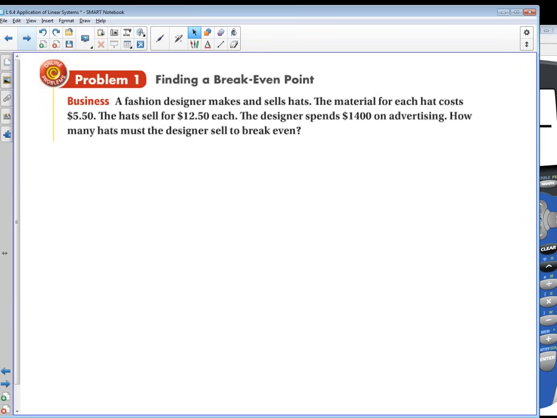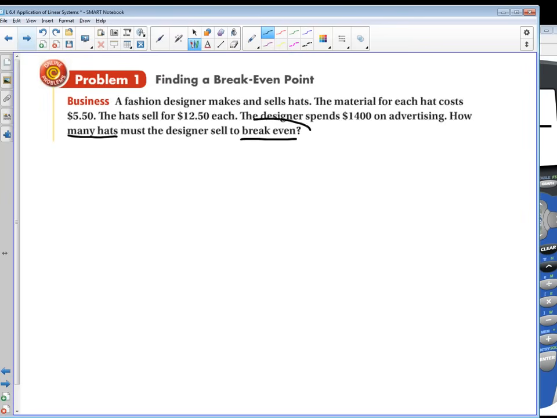So, first problem that you should write down is problem 1, and here's what it says. A fashion designer makes and sells hats. The materials for each hat costs $5.50. The hats sell for $12.50 each. The designer spends $1,400 on advertising. How many hats must the designer sell to break even?